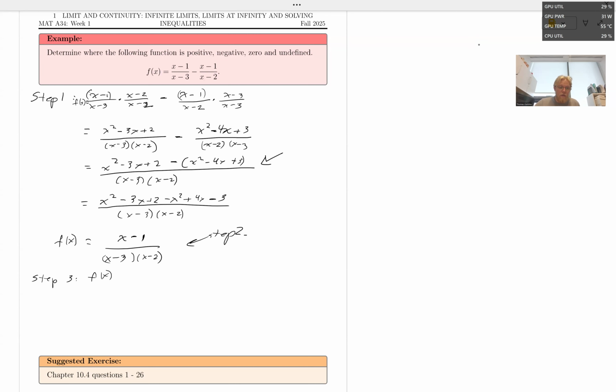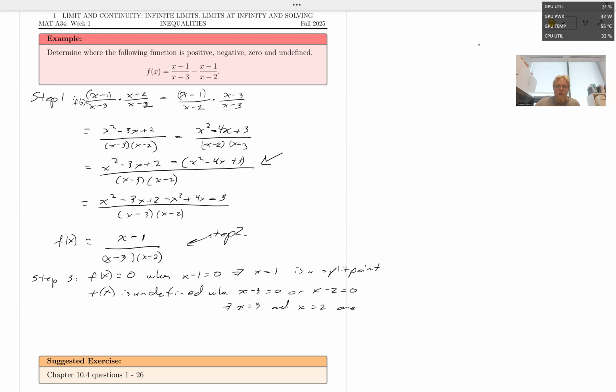F of x equals 0 when x minus 1 equals 0, which implies that x equaling 1 is a split point. And f of x is undefined when x minus 3 equals 0 or x minus 2 equals 0, which implies x equaling 3 and x equaling 2 are split points.